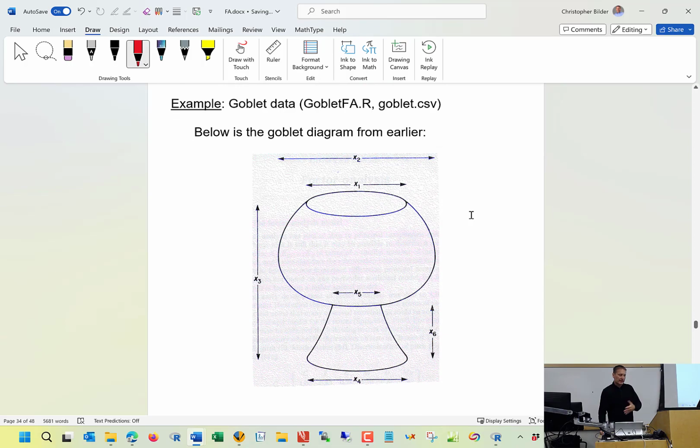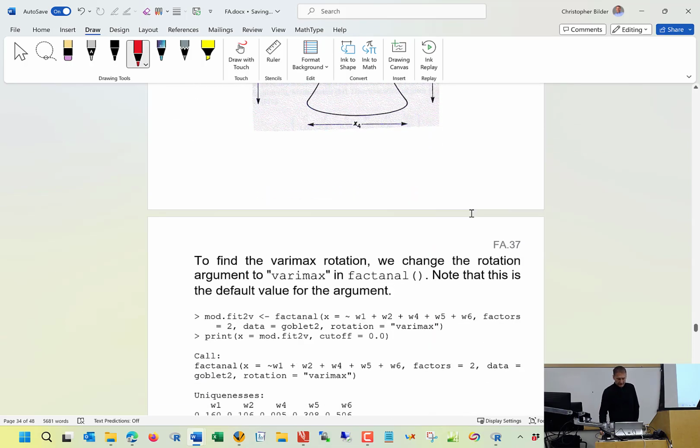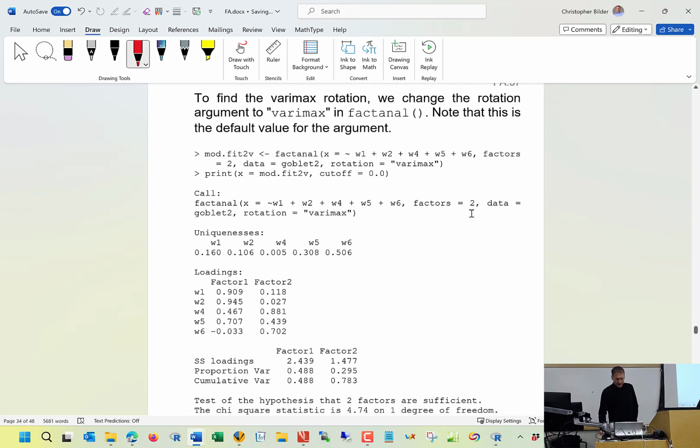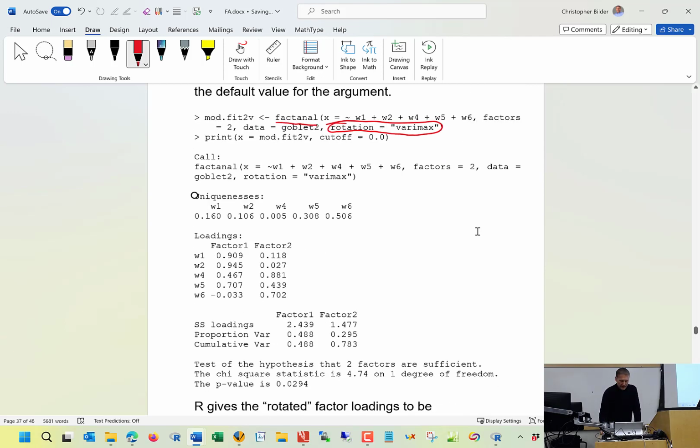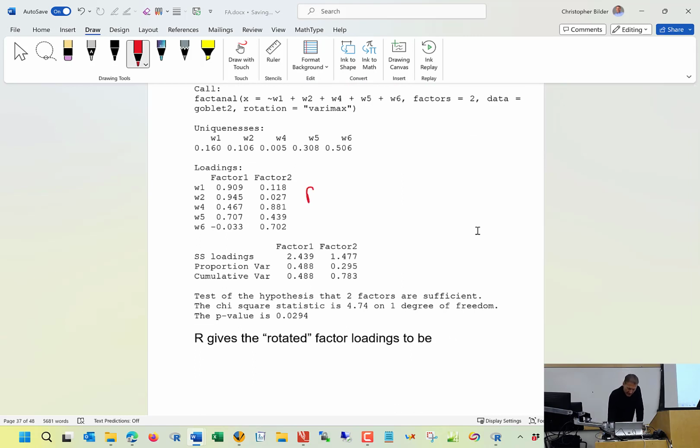Okay, let's get into this goblet data. We use the fa function just like before, except now for rotation, instead of saying none, we say varimax. What R then gives us is our B matrix.